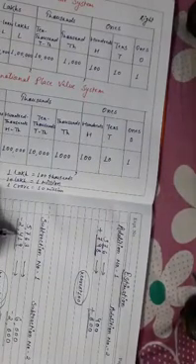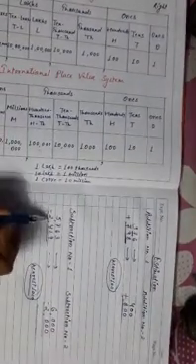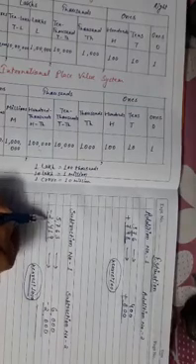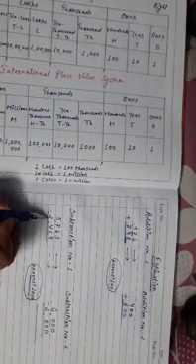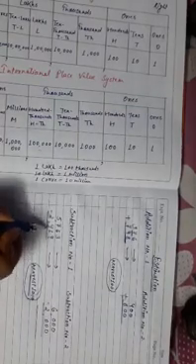And if the digit is 1, 2, 3 or 4, we always round down. Rounding down means, like here, 2419. We have to round it off to the nearest 1000. So we look at the digit to the right of the thousands place, which is 4.